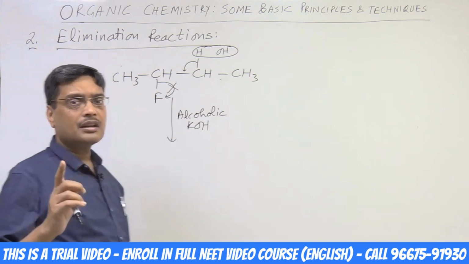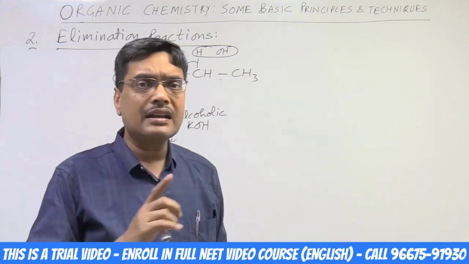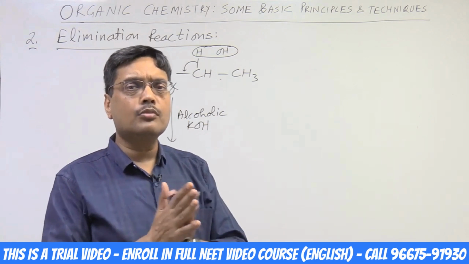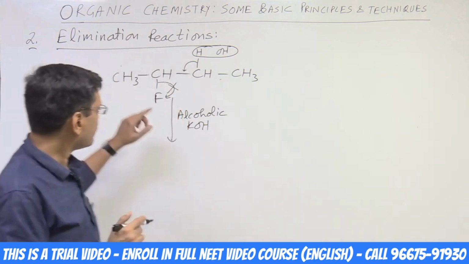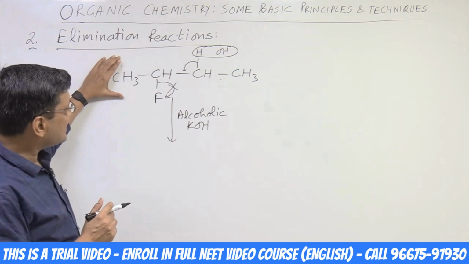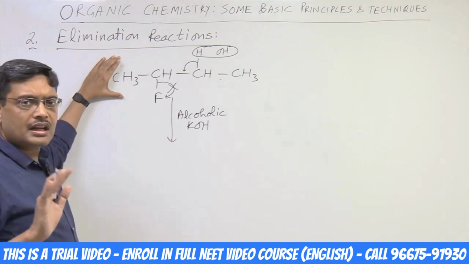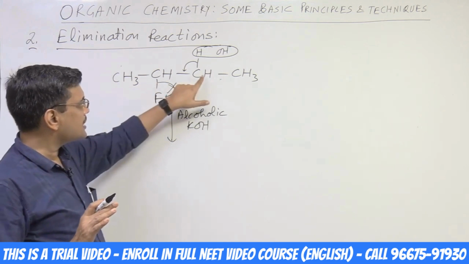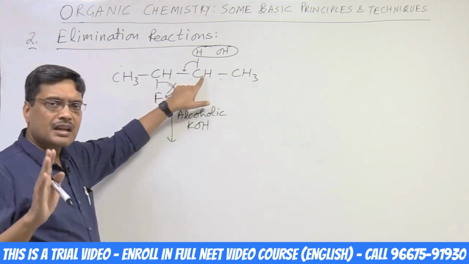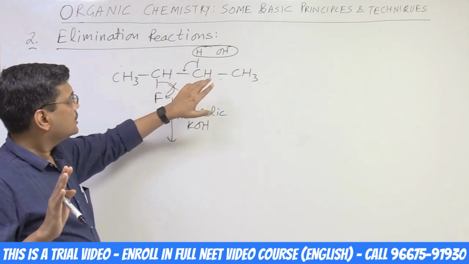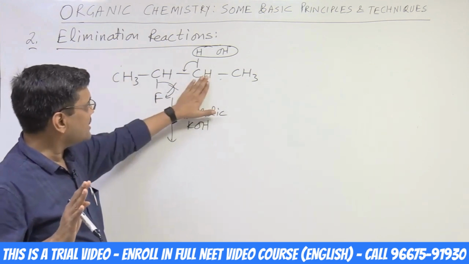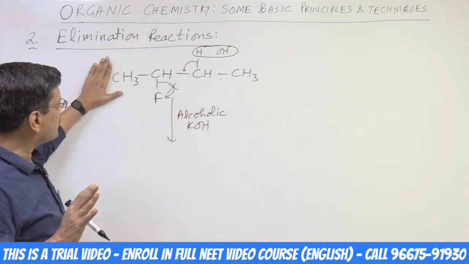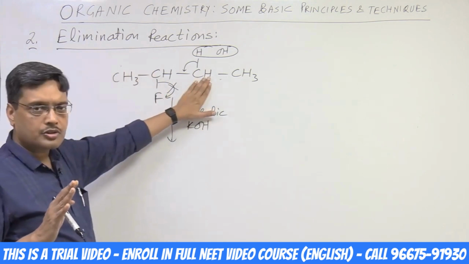The higher the stability of the intermediate, the more is the reactivity of the compound. So primary carbanion is more stable than the secondary. Primary carbanion is more stable than the secondary, so hydrogen is removed from this position, not from this position.